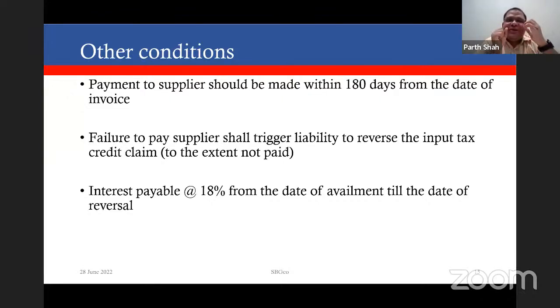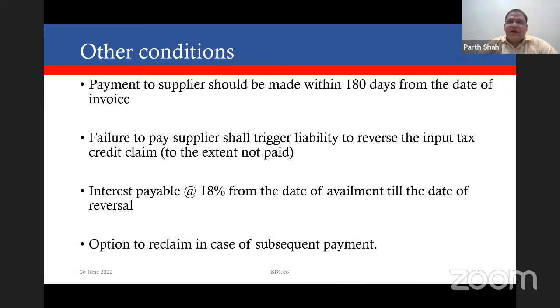When it is added to your output tax liability, that gets covered by Section 50, whereas interest on wrongly availed input tax credit is covered by Section 50 as well, and therefore it will be very difficult to counter the levy of interest in those cases. It can always be argued, but we believe the chances are not very strong to contest that.